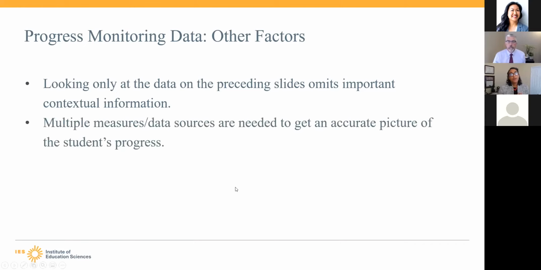And it's helpful also because, ideally, students' language proficiency and their content knowledge should be evolving over time. And so getting multiple types of measures, data from multiple sources at multiple points in time can really help to give you a richer picture of students' progress, which often is ultimately what we want to find.